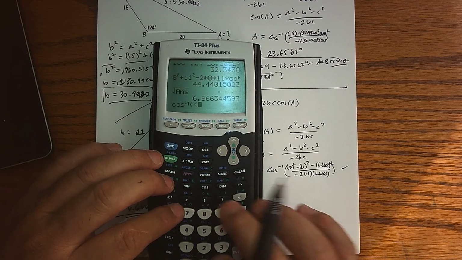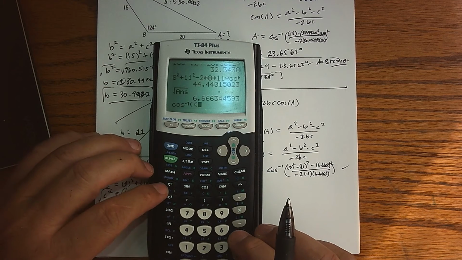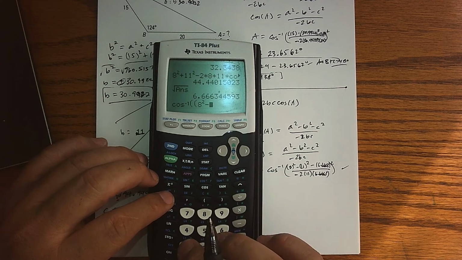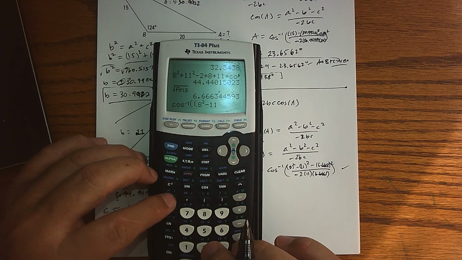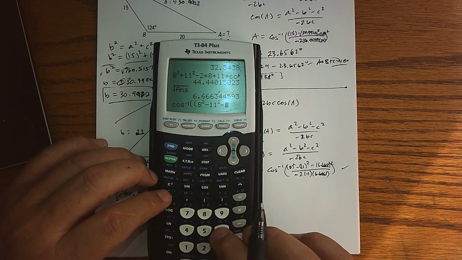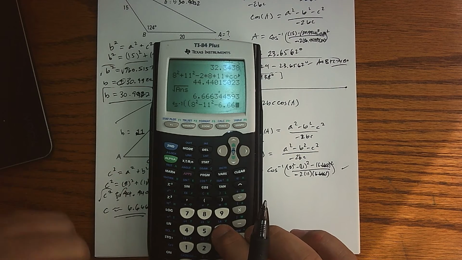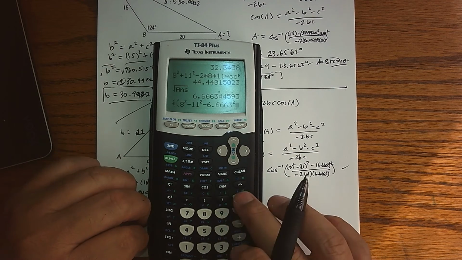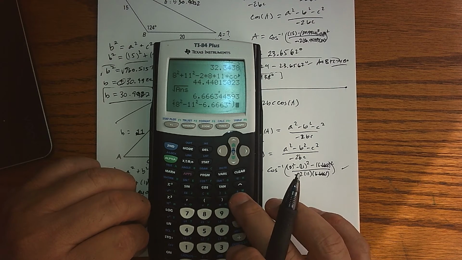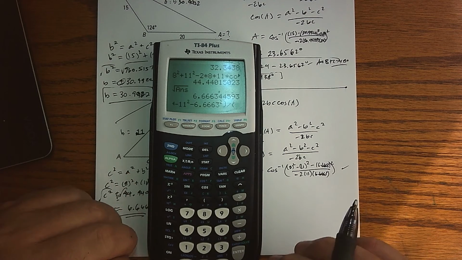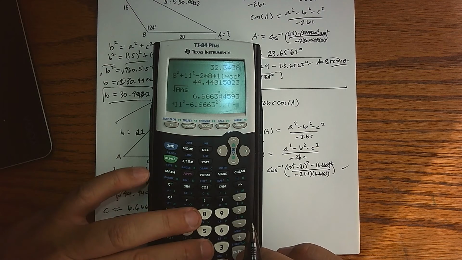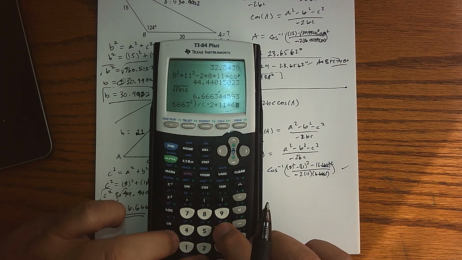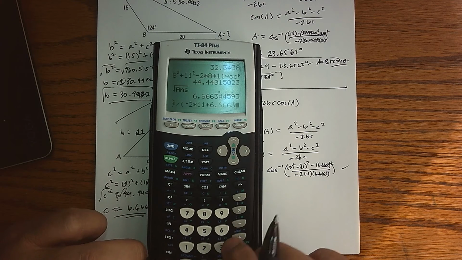I've got a fraction, so in parentheses I've got 8 squared minus 11 squared minus 6.6663 squared, close my parentheses, divide, and then open up another set, and down below we have negative 2 times 11 times 6.6663.